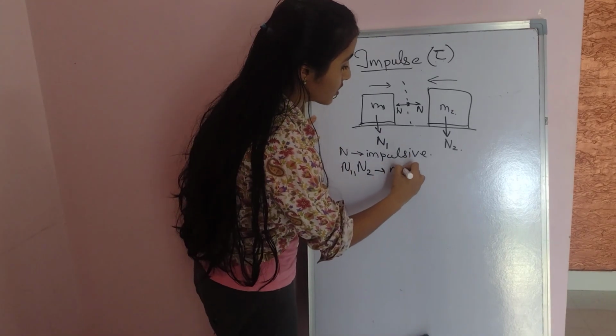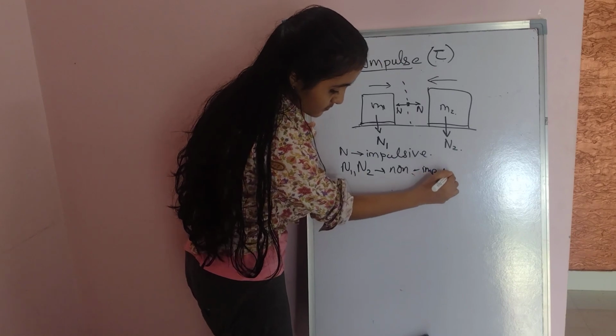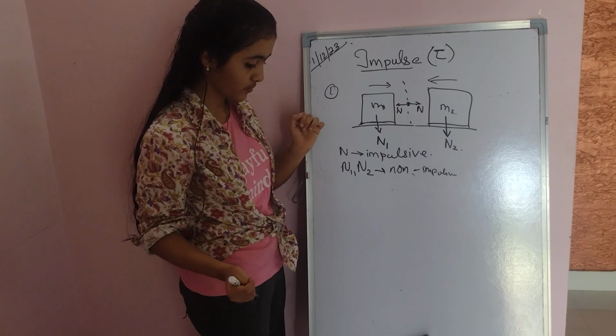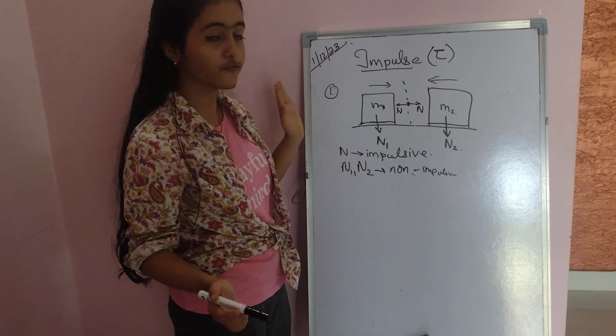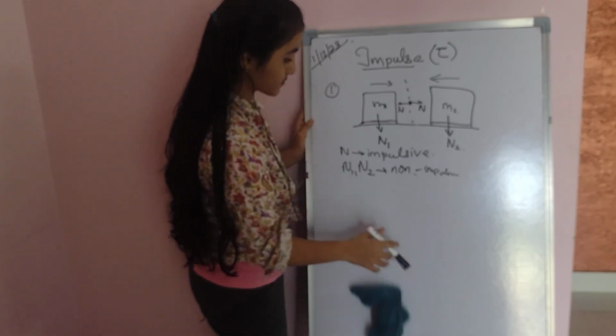So N1 and N2 are non-impulsive. So this is the first case. Then we will check the next case.